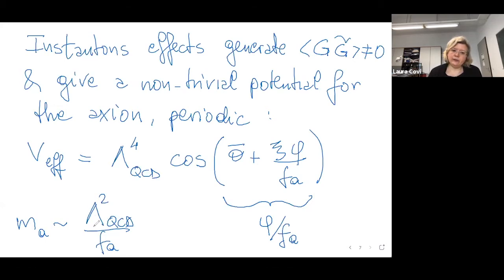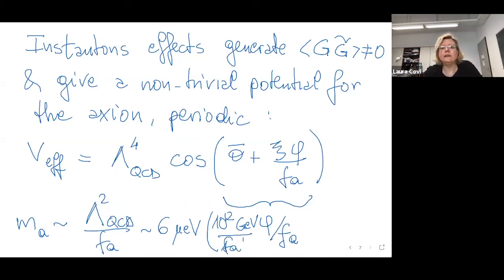Lambda QCD is of the order of 200 MeV or so. So if you put in numbers, you find something of the order of 6 micro electron volt for 10 to the 12 GeV in Fa. And you will see in a minute why I concentrate on this quantity.